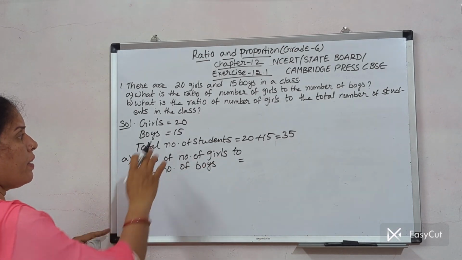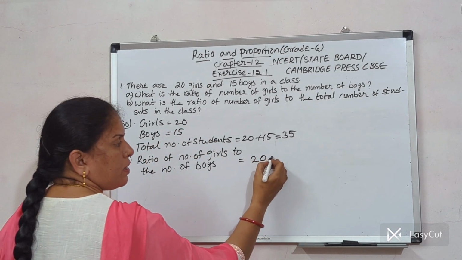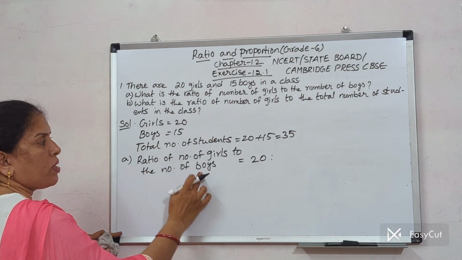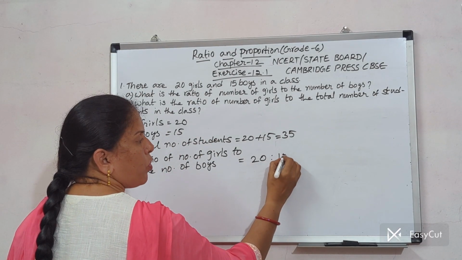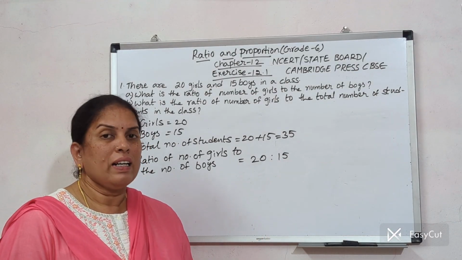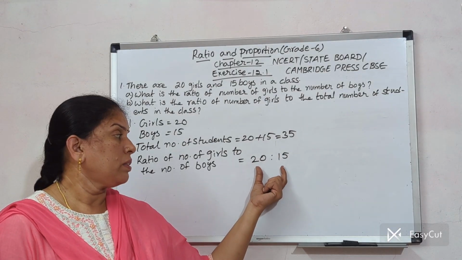Don't change the order, children. How many girls are there? 20 girls are there. Ratio means what is the symbol? Is to. Number of girls to the number of boys. How many boys are there? 15 boys are there. Now, ratio means, I told you, division only.